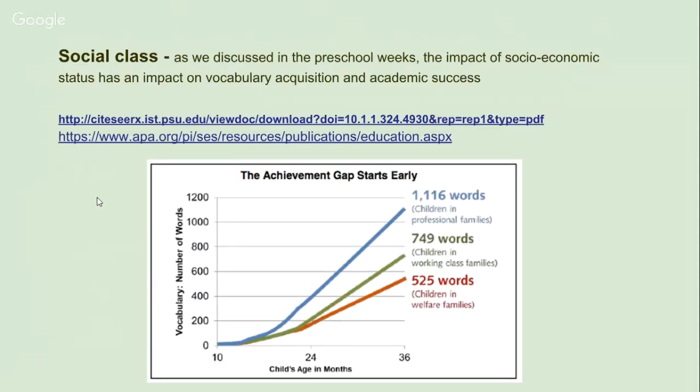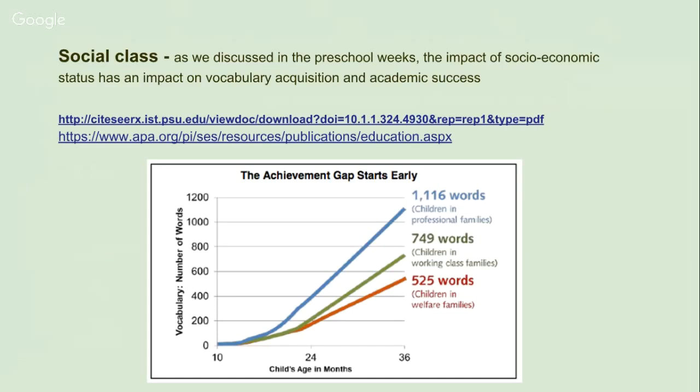Interestingly, social class also has a great impact on vocabulary acquisition. And what we find is by the time the child is 3 years old, a child who is exposed to the culture of a high socioeconomic status versus one who is in a low socioeconomic status has experienced or uses twice as many vocabulary words as the child who is in the lower socioeconomic environment.